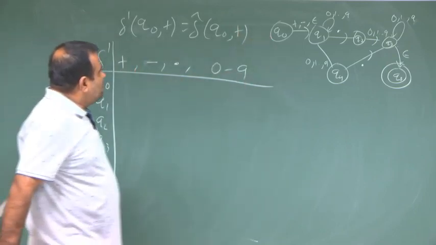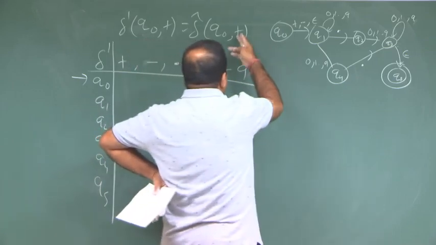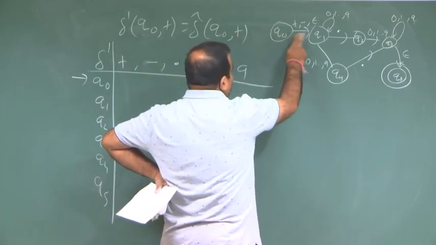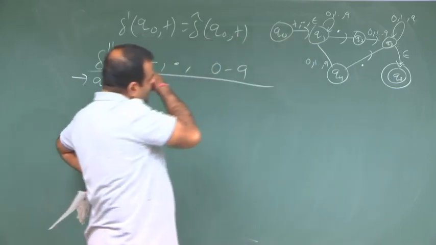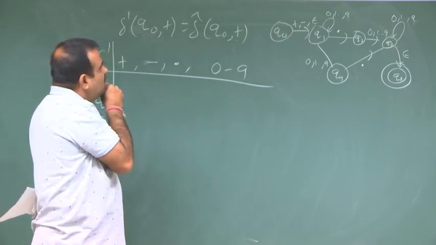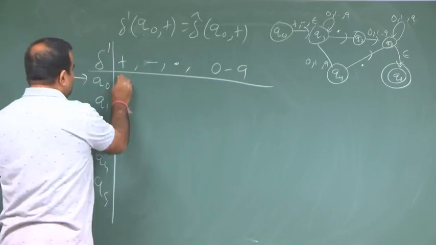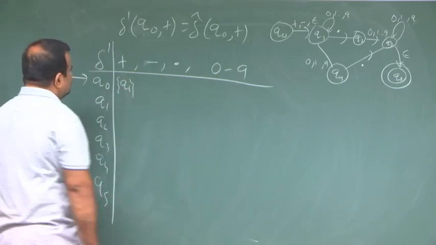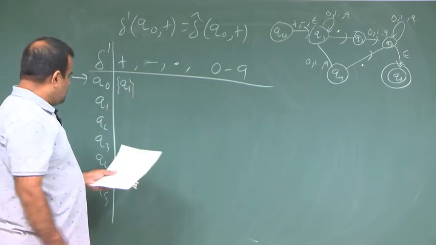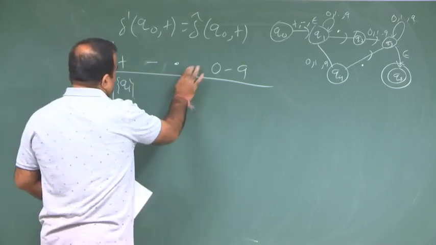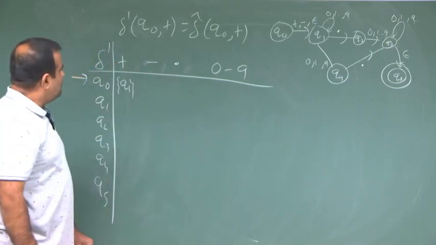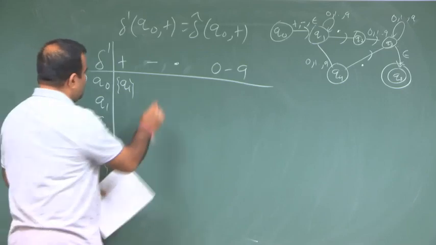So, for plus we can have an epsilon move before that, so we can go to q1. From q1 with plus we can go to q1, so it remains at q1. Okay. So, then with the minus, again the same thing, q1.